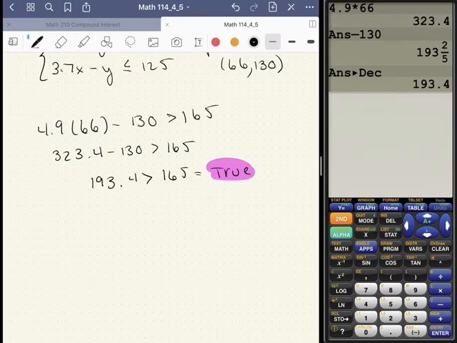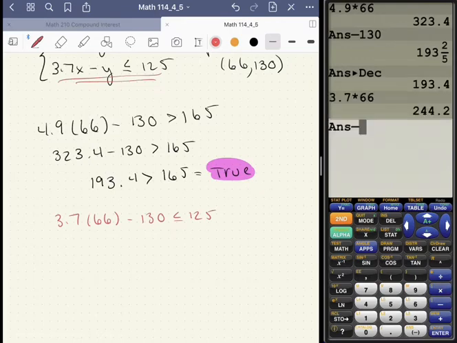Let's see if that's true for the next one, though. We have to check both of them. So let's do this one in red. It's 3.7 times 66 minus y, which is 130, is less than or equal to 125.